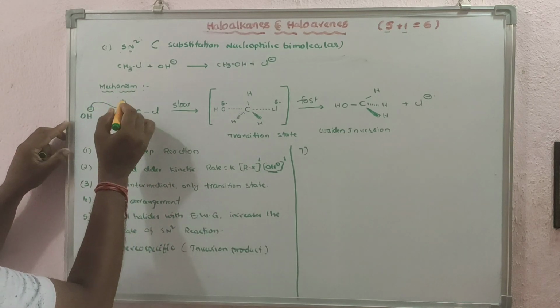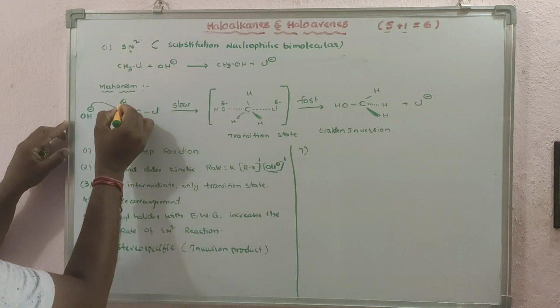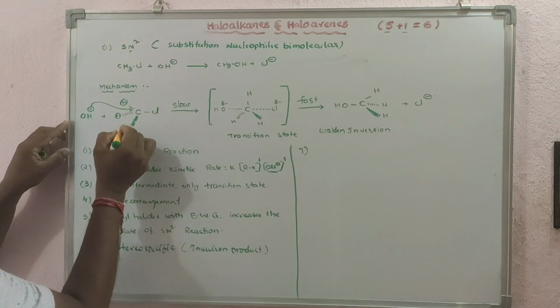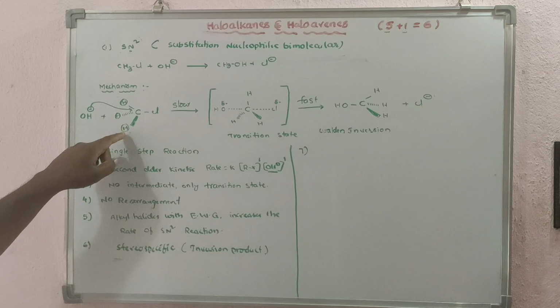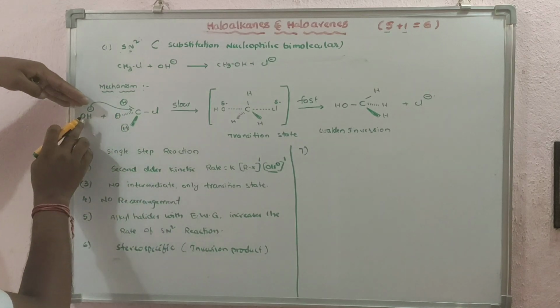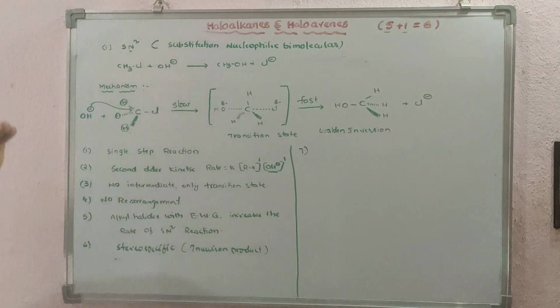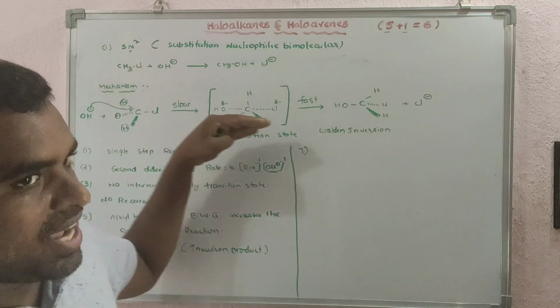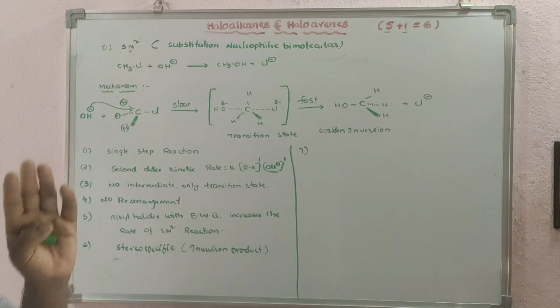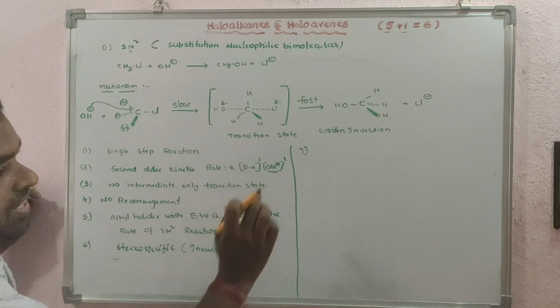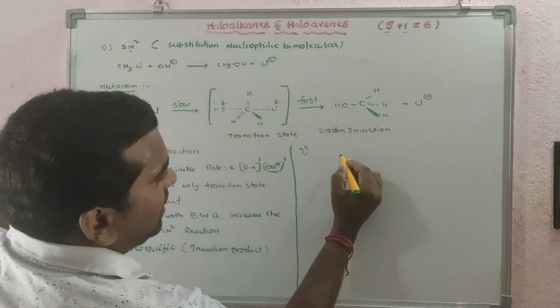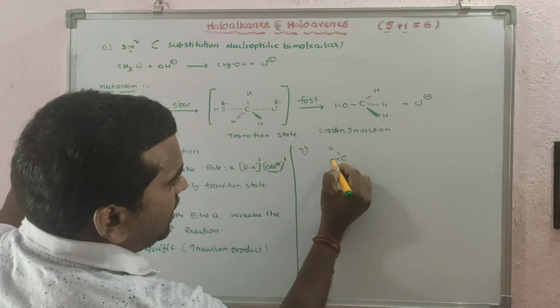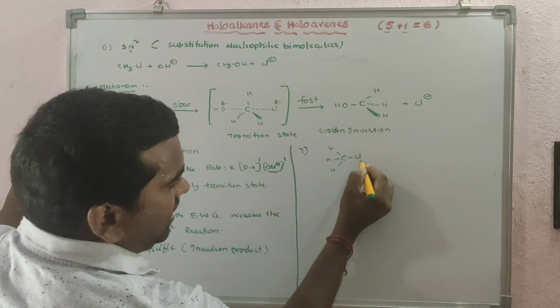In methyl chloride, hydrogens are there. Hydrogens are very small groups, so OH minus can easily attack on the carbon. So SN2 reaction is very, very fast. Suppose I take here methyl, with hydrogen, hydrogen, hydrogen and here Cl.